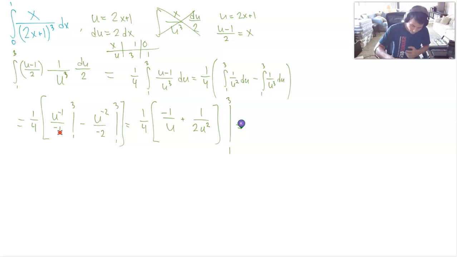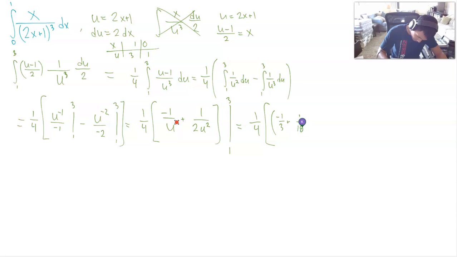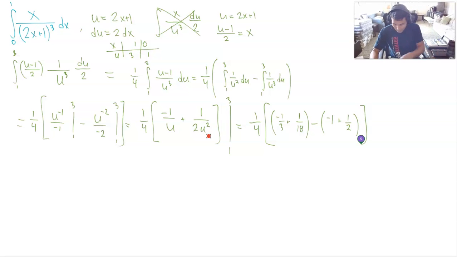So when we do that, what are we going to get? We're going to get 1/4. And this is the first box when we evaluate everything at 3: negative 1 over 3 plus, this will be 3 squared, which is 9, 9 times 2 is 18, so 1 over 18. And then minus, and now we're going to put 1 into everything. We're going to get negative 1 plus 1 over 2. Okay, now let's compute this. So 1/4.